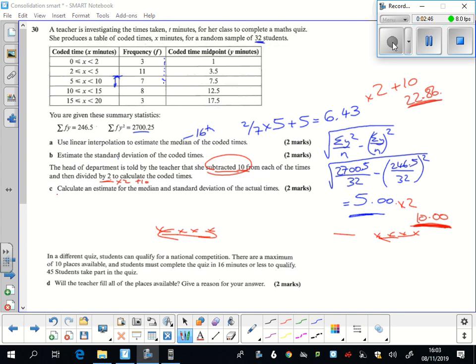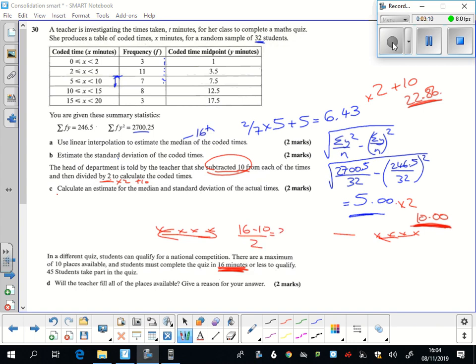And you think you're done, but I mean, this last part is a little bit silly. They've got to complete the test in 16 minutes. Now that's 16 real minutes. You've got to uncode that. And of course the code was we subtracted 10 and divided by 2.